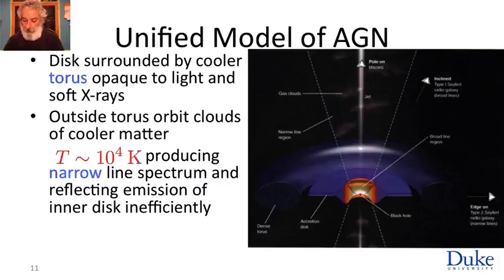And the idea is that if we are viewing the system edge-on, then this torus of opaque gas absorbs both the X-rays and the broadened line emission from these clouds in the interior. What we do see is radiation coming from farther out.